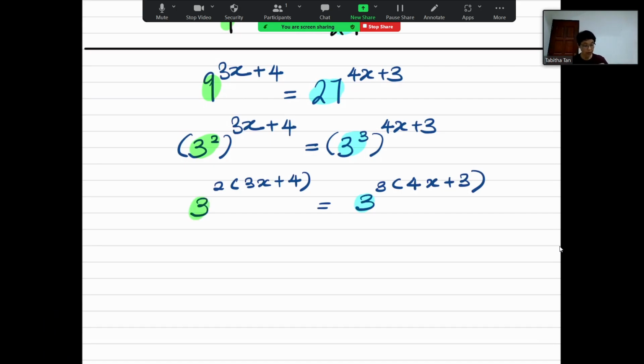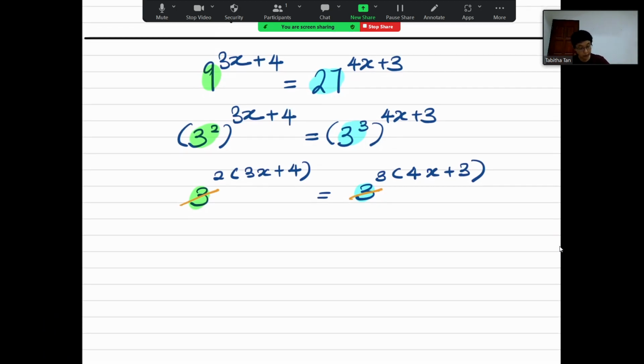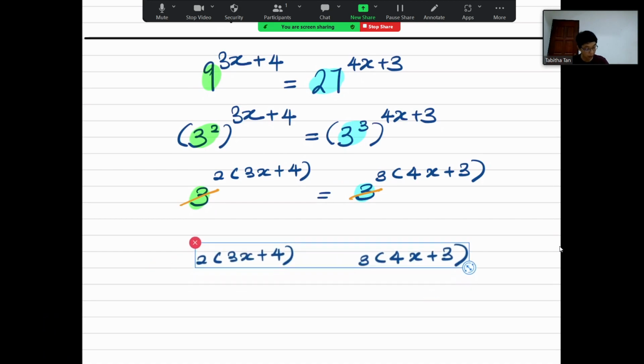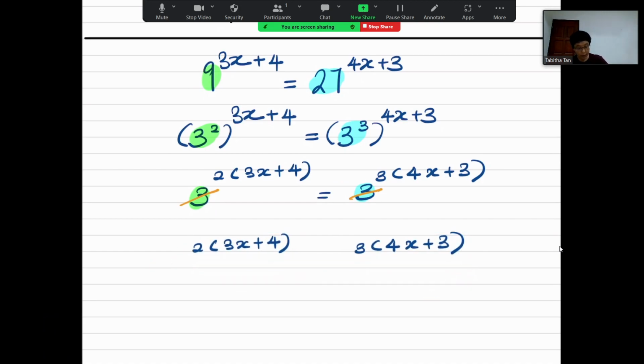This has base 3, that side also has base 3, and all of them have been rearranged into a similar format. So you no longer have to compare the 3, you can take them out. Now you compare only the 2 indices. Just to show the effect, hopefully that helps you to remember.